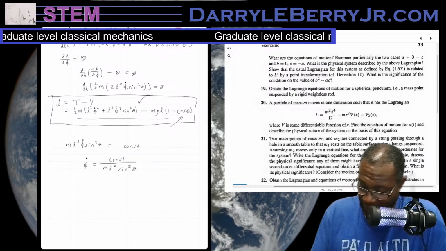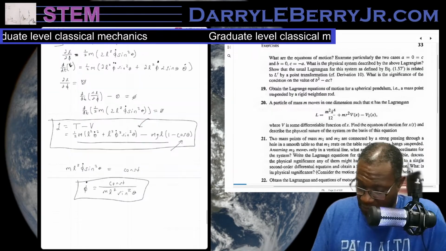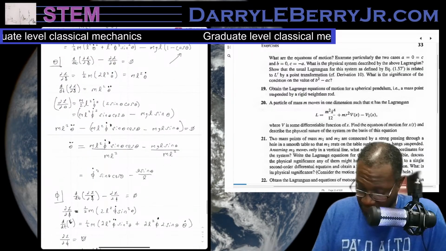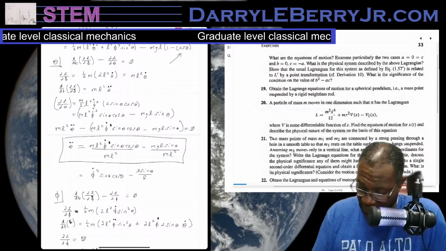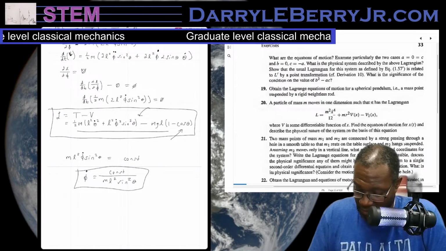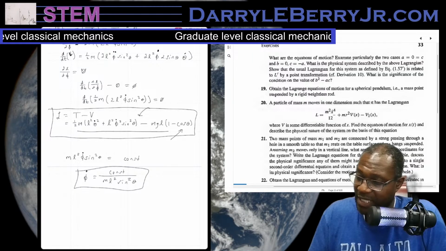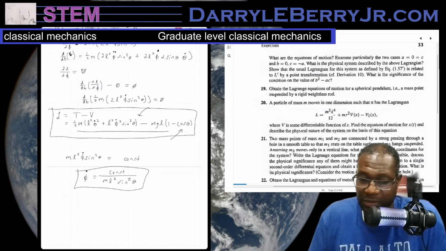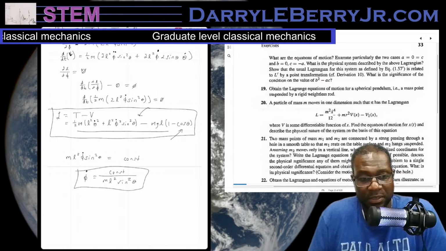So now it looks like I have the equations of motion, as far as we needed to go for this problem. We have theta double dot and phi dot squared. Phi doesn't seem to have any acceleration, which makes sense. There's no force moving it. It's not mentioned that there's an external force.